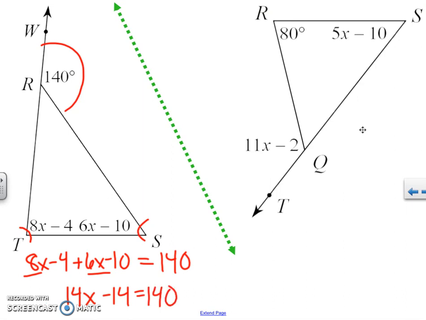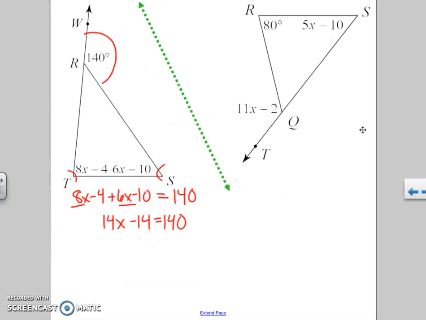I'm going to add 14 to both sides. So 140 plus 14 is 154. And I got 14x divided by 14. So x equals 11. Okay?